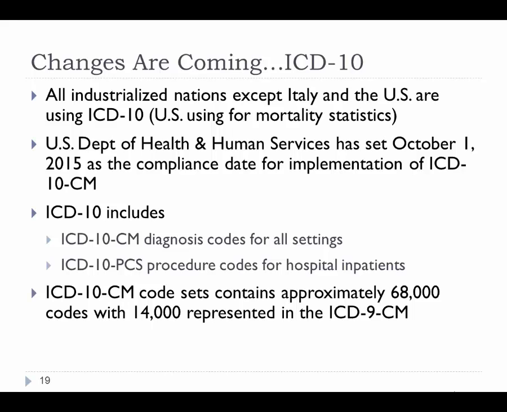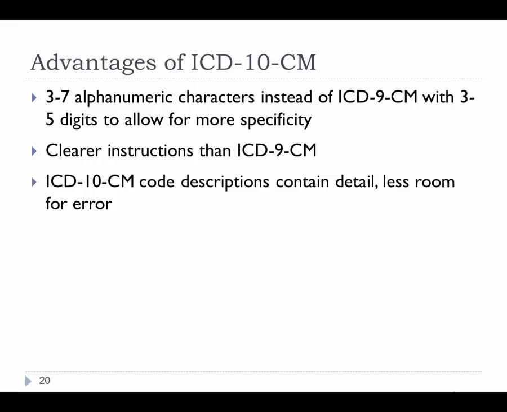The rest of the world, except for Italy and the US, have used ICD-10 for more than 10 years. The US Department of Health and Human Services has set a deadline for October 1 of 2015 as the compliance date for implementation of the ICD-10 CM. Remember that the ICD-9 CM has approximately 14,000 codes, while the ICD-10 CM has approximately 68,000 codes.